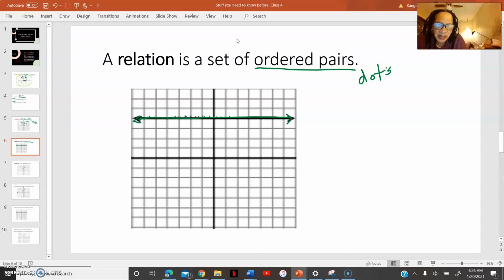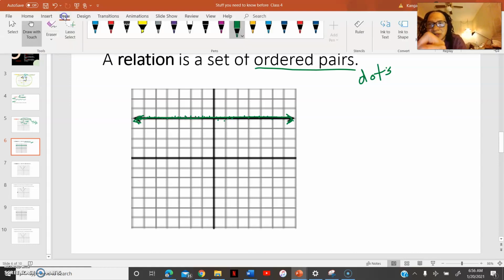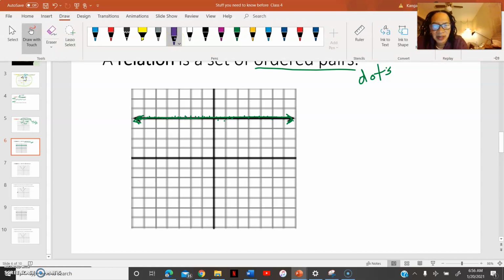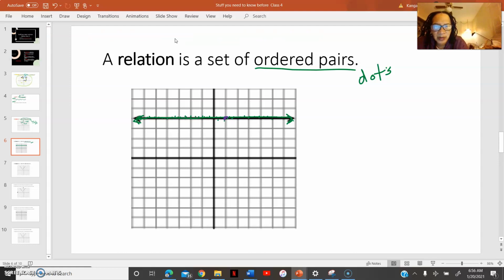This line is really an infinite number of spots, and these spots go on forever. So this relation has an infinite number of ordered pairs, and let's just name some of them. We can't name them all, but let's name some of these dots that are here. Well, here's one location. This is the location 1, 4.